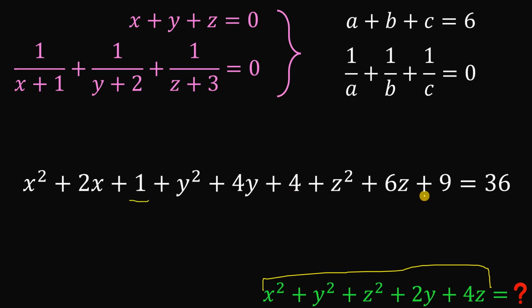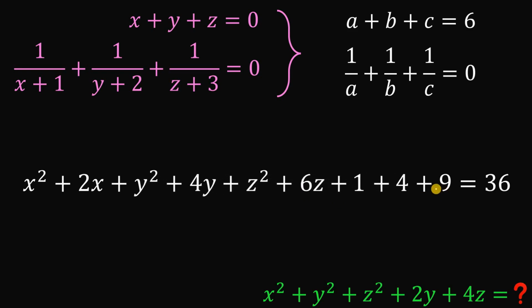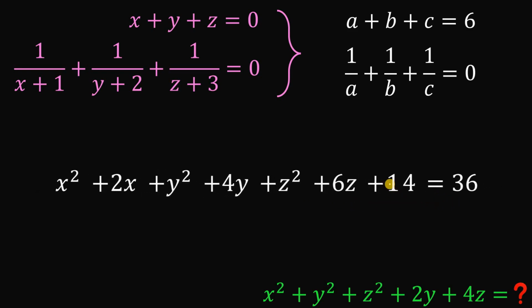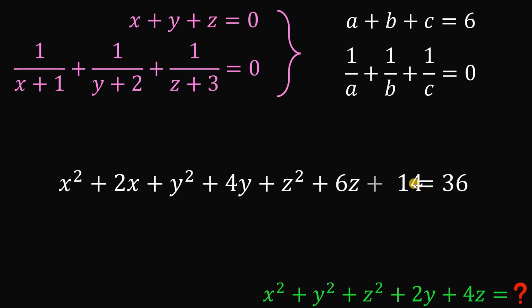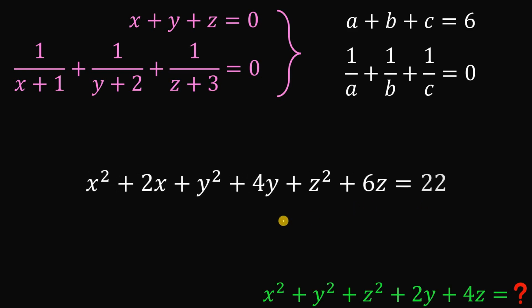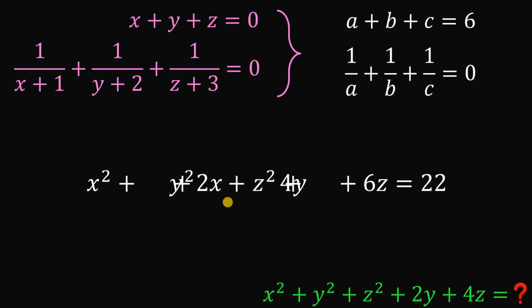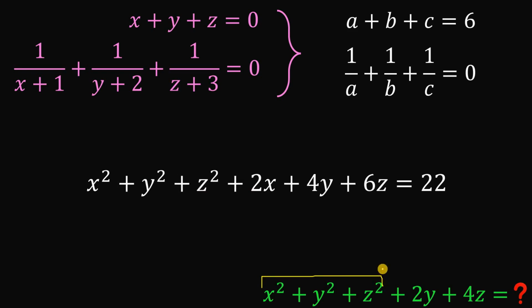Now, let's add some constants. We have 1, 4, and 9. 1 plus 4 plus 9 is technically equivalent to just 14. Now, subtract 14 on both sides. 36 minus 14 will give us a value of 22. Now, we have x squared, y squared, and z squared.